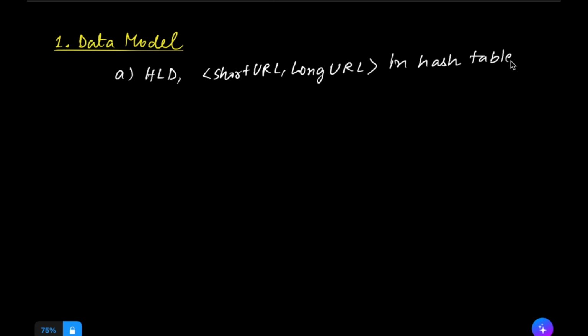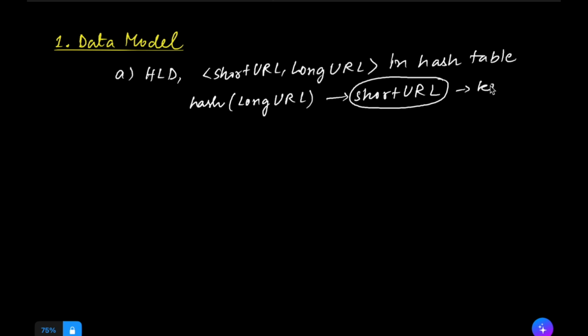If you remember, we have discussed in the previous video, we have a hash function which takes a long URL and we get a short URL, and then using this short URL long URL pair as a key, we can put it into a hash table. But the thing is, in most scenarios and general cases, it has been observed that the hash table is implemented in memory.